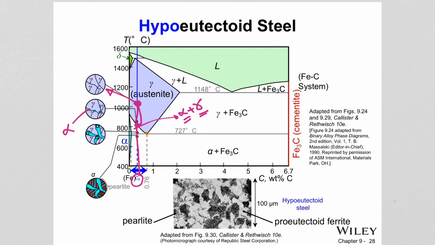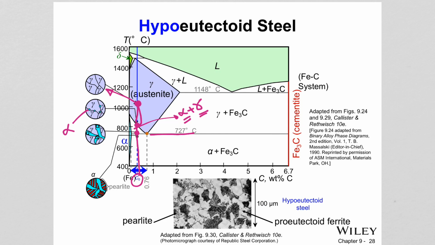And we continue to cool down, right? We came here and we came here. This is a little bit above the eutectoid temperature. Therefore, right now you have gamma austenite and the alpha phase grown a little bit.